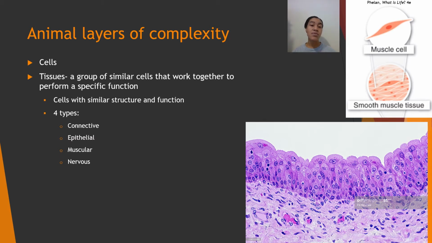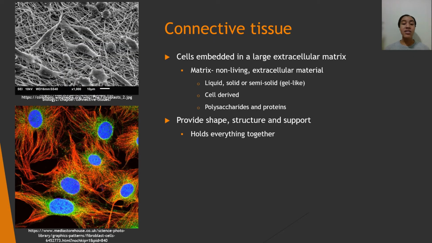There are four types of tissues that we've seen in animals: connective tissue, epithelial tissue, muscular tissue, and nervous tissue. Connective tissue is composed of cells embedded in a large extracellular matrix. The extracellular matrix, or matrix, is a meshwork of non-living extracellular material.